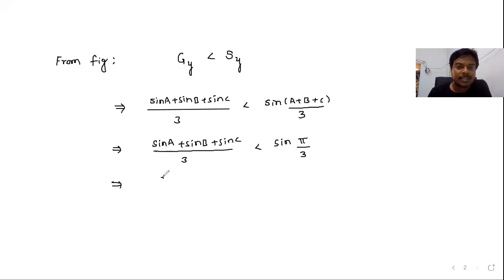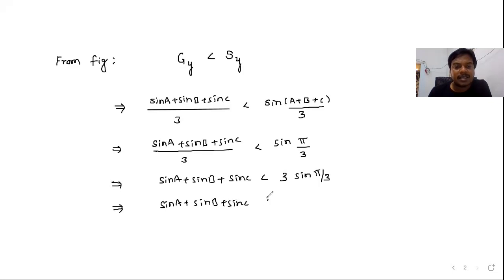That implies sin A plus sin B plus sin C is less than 3 times sin pi by 3. Now sin A plus sin B plus sin C is less than 3 into sin 60 degrees, whose value is root 3 divided by 2.